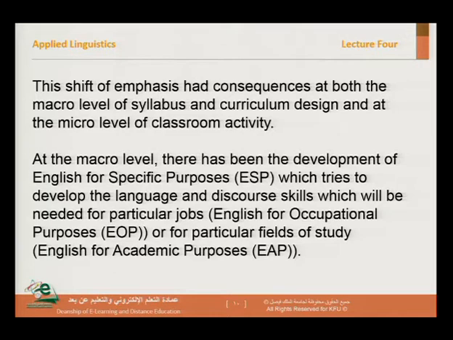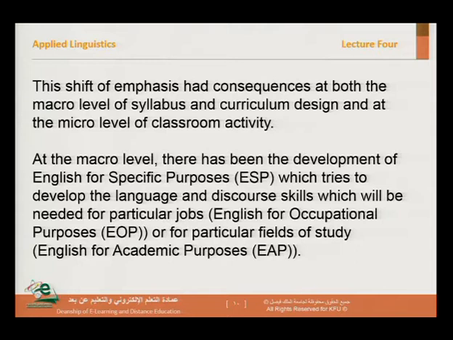Macro, which is big, the big impact was on the syllabus and curriculum, and the micro was in the classroom activity. At the macro level, there has been the development of English for specific purposes. So this is what we mean by needs analysis.